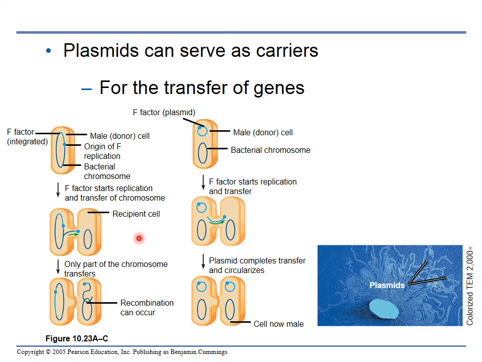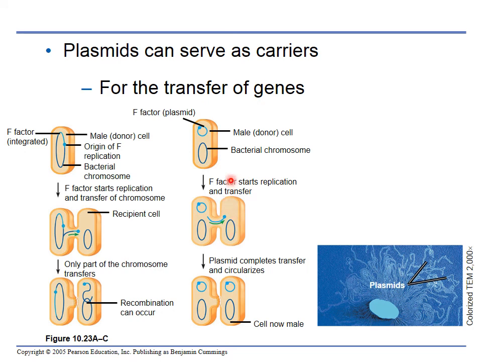With a plasmid, the plasmid will copy itself and send in a whole new plasmid over here. And it's kind of a neat, easy way of doing it, where you don't need to have the degrading of the pieces you don't use and that kind of thing. You get the whole plasmid to come over here, and it's a circle.